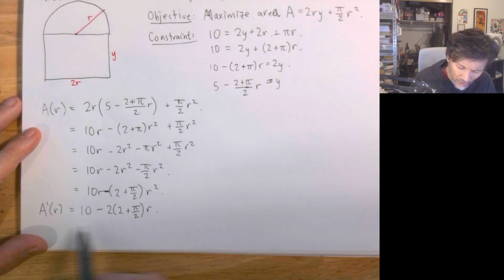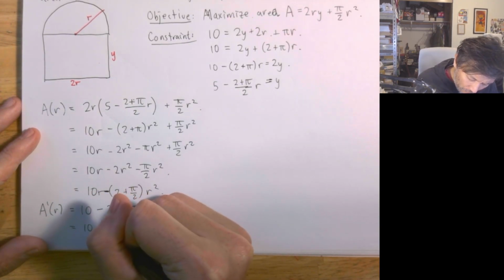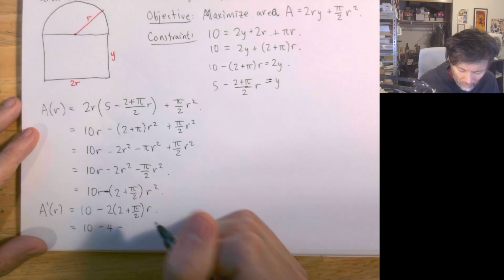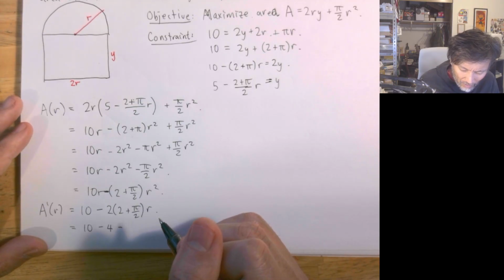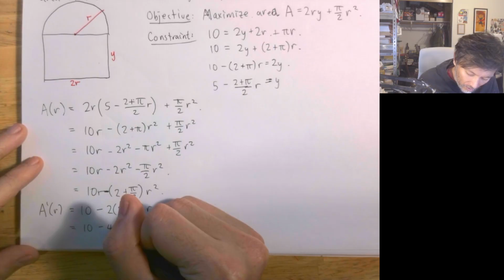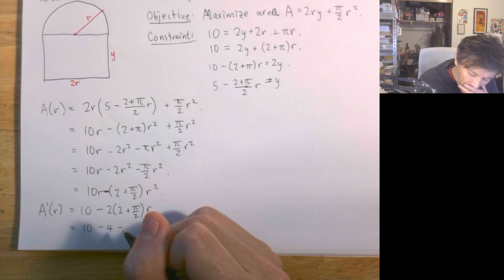So first, let me just simplify this a bit. This becomes 10 minus 4 minus pi... It's 4r. Why am I doing it this way?